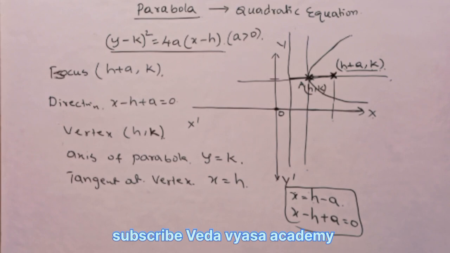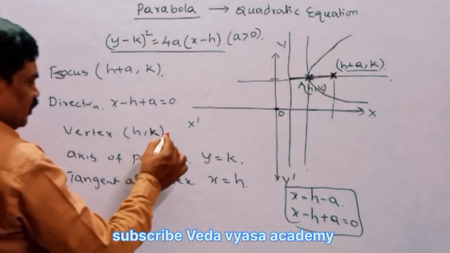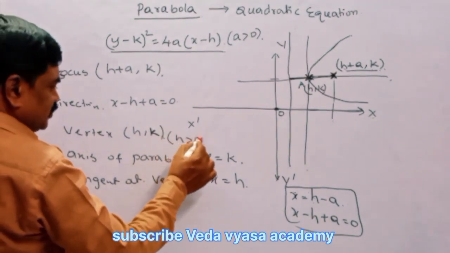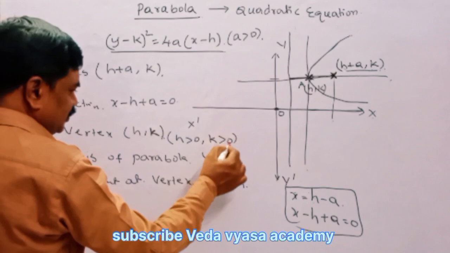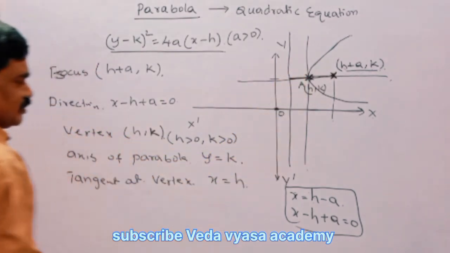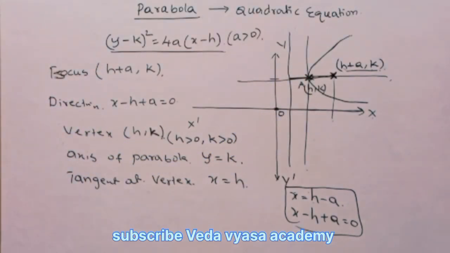Vertex: (h, k). And tangent at vertex is x is equal to h. Here h greater than 0, k greater than 0. Why? Because this is in the first quadrant. Okay, all of you. That's all.